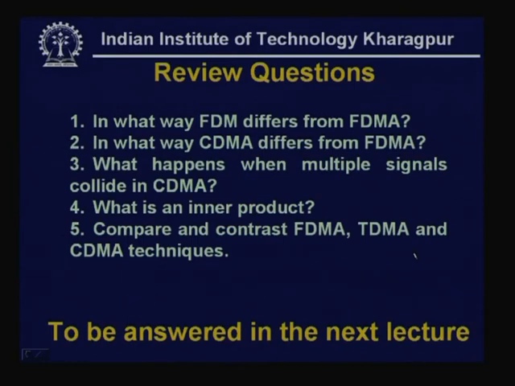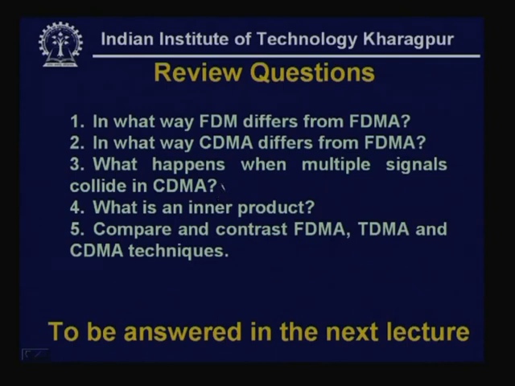Now, it is time to give you the review questions. First question is, in what way does frequency division multiplexing differ from FDMA? We have already discussed FDM earlier, and in this lecture we have discussed frequency division multiple access. So, the first question is based on that. Second question is, in what way does CDMA differ from FDMA? Third question is, what happens when multiple signals collide in CDMA?